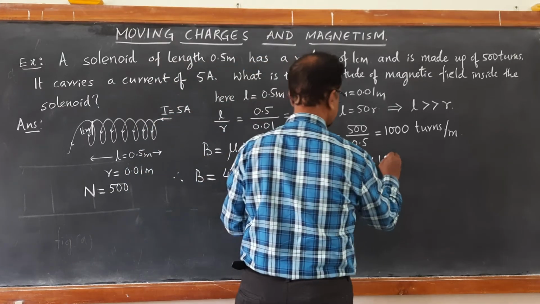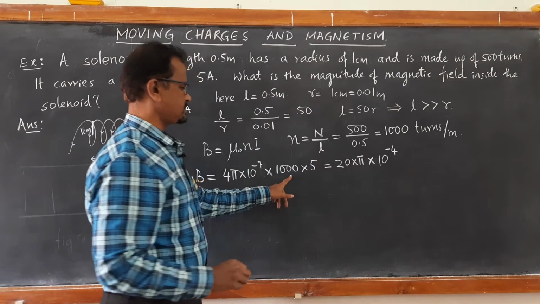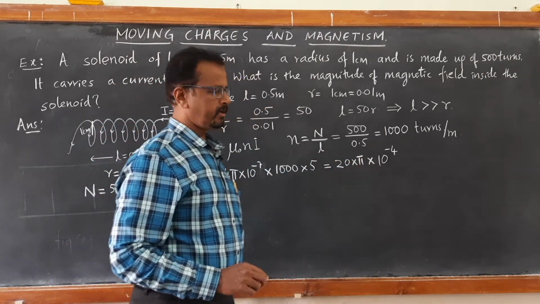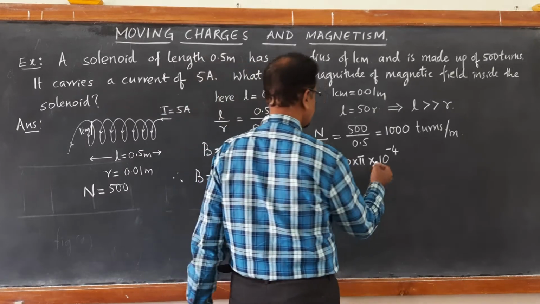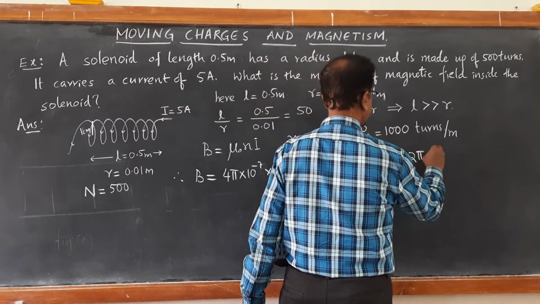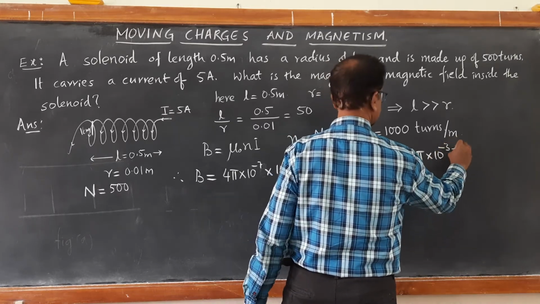Minus 7 plus 3 becomes 10 raised to minus 4. So, 20 pi times 10 raised to minus 4 can be written as 2 pi into 10 raised to minus 3 Tesla.